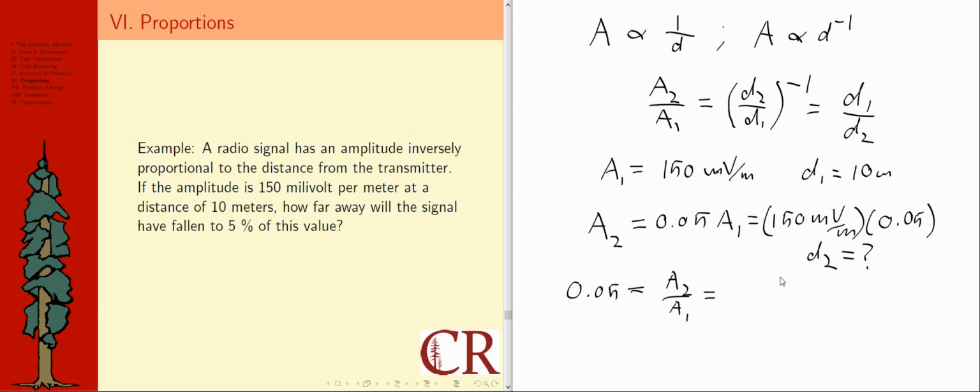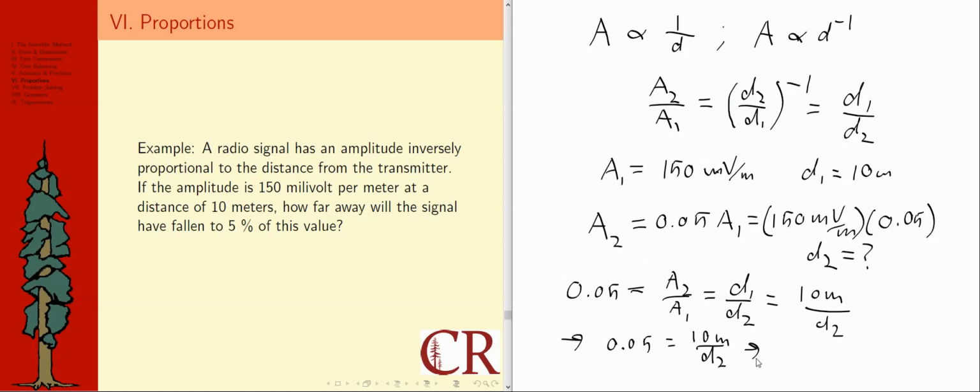In terms of numbers, I've got 0.05 on this side, and I've got a D1 of 10 meters, and again, D2 is the question. So if I don't worry about all this middle stuff, I just have the equation 0.05 is equal to 10 meters divided by D2.